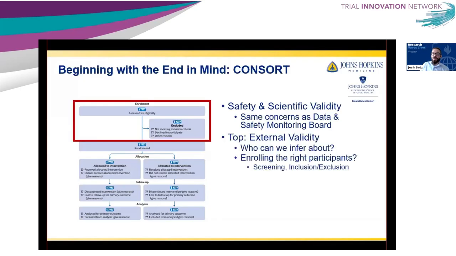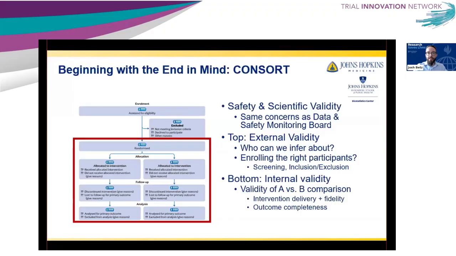So the top of this CONSORT diagram reflects factors relating to our external validity that we were just talking about. Based on our inclusion and exclusion criteria and screening process, who are the individuals that we can actually infer about given the sample that we're collecting in that enrollment process?